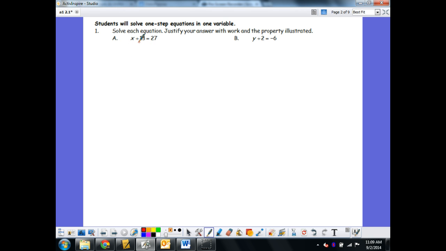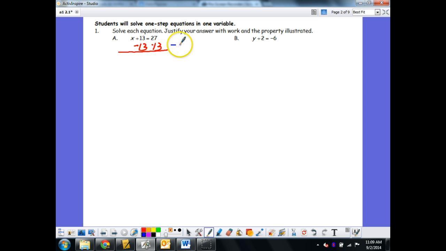So in this first one, we are adding 13 to the variable. So to undo that addition, we subtract 13 from both sides. And when doing that, that is the subtraction. And if you want to use symbols and abbreviations for these properties, no problem, go for it.